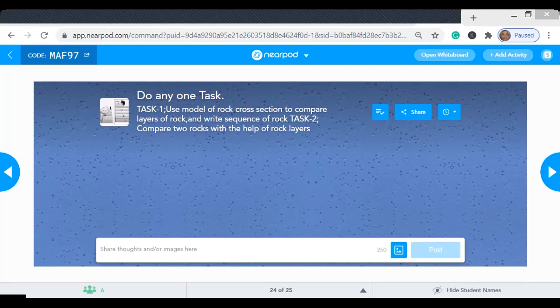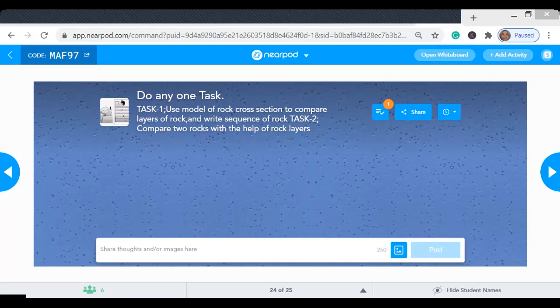You can say what is the sequence of these rocks, which one is the oldest, which one is the new, how many layers the one has, how many layers the second has, which one is the old rock and which one is a new or young rock. The second task, compare the two rocks with the help of the rock layers. You need to just compare.